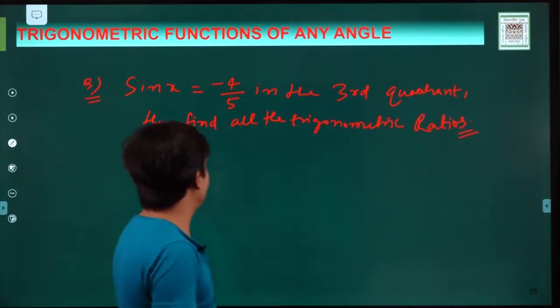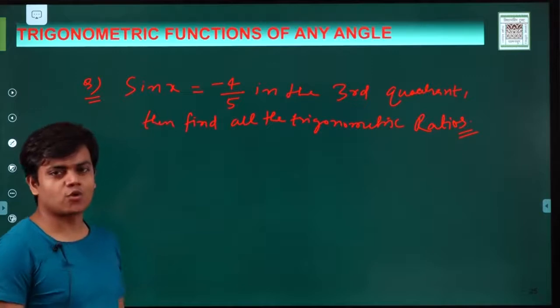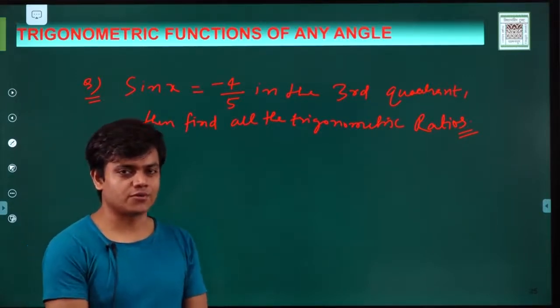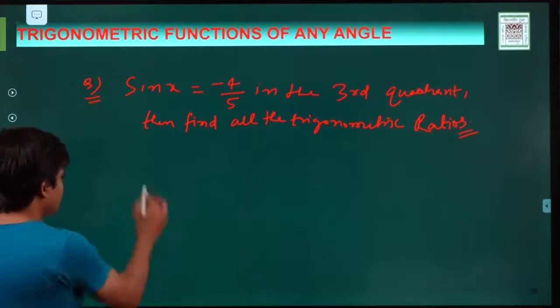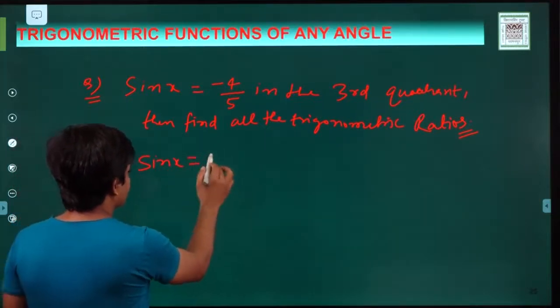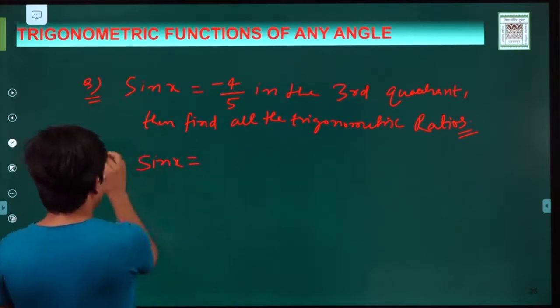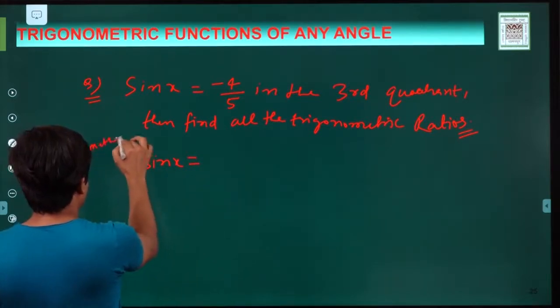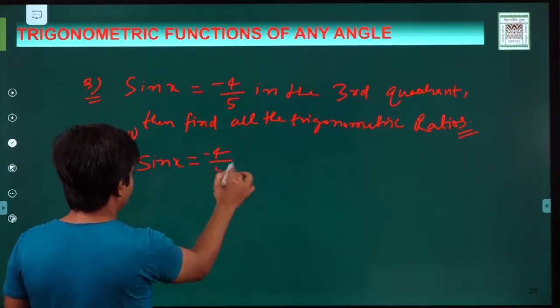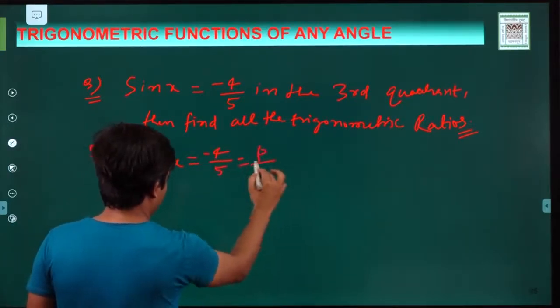Okay, if sin x is equal to minus 4 by 5, then we have to find all the trigonometric ratios. So how can we do it? First of all, you can see there are two ways. So method 1: your sin x is minus 4 by 5. So this is your p, this is your h.